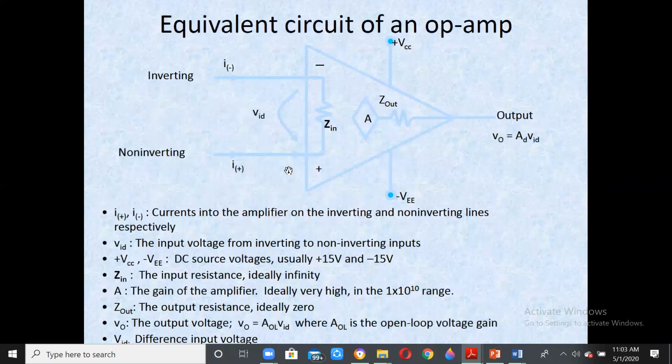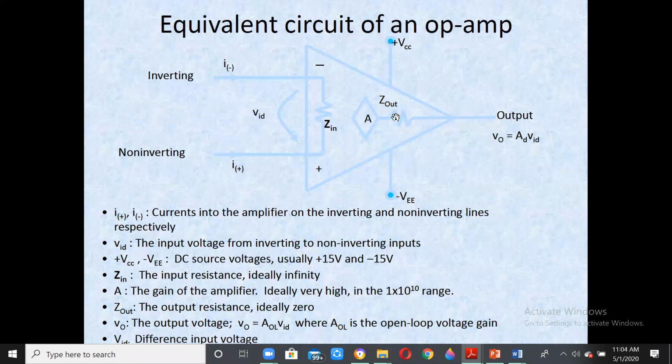The equivalent circuit is generally written like this: between the plus and minus, or minus and plus, whatever you call it, you have a differential input. Between the differential input we put the input impedance, and the input impedance of an op amp is considered very high, and it becomes much higher once you connect feedback there.